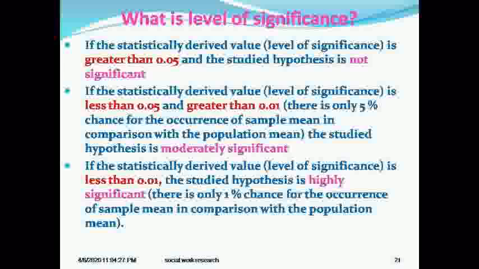Now, in the last case, the statistically derived value or the level of significance is less than 0.01. The studied hypothesis is highly significant, which means there is only 1% chance for the occurrence of sample mean in comparison with this population mean.